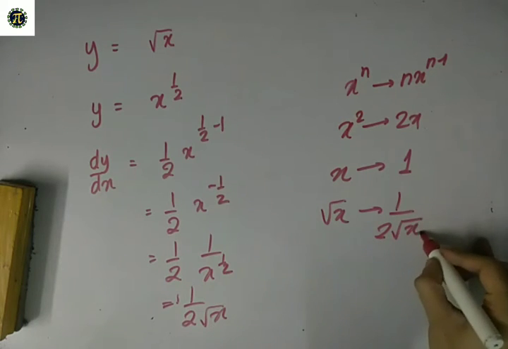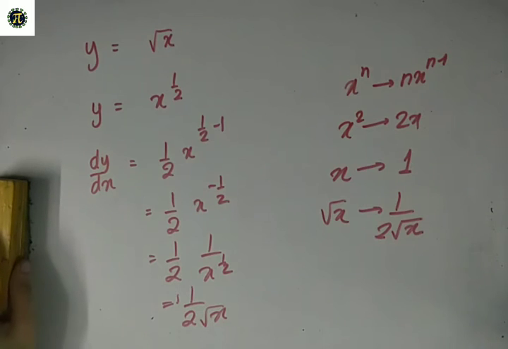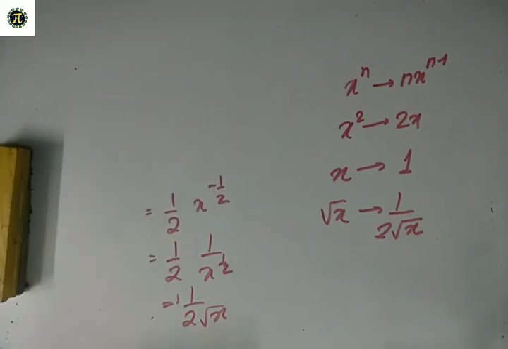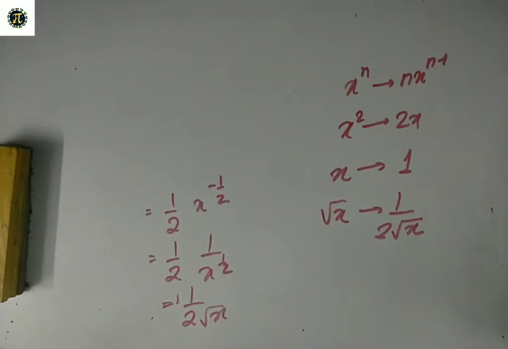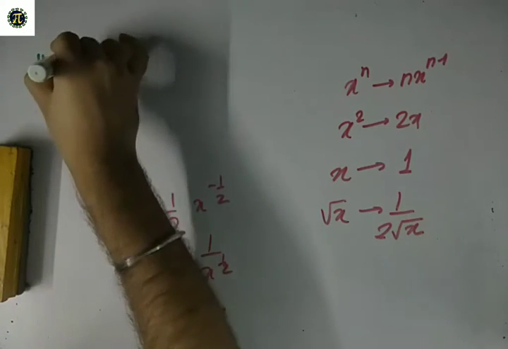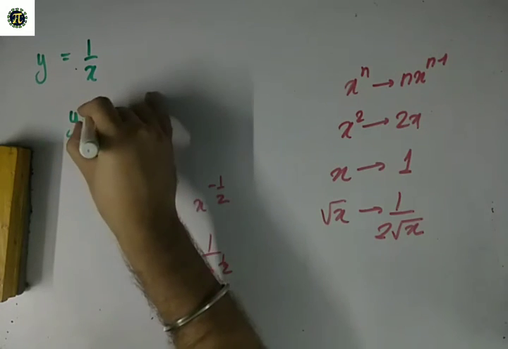Some important formulas for your class 11th. Okay. We can also do differentiation for, let's say, 1 by x. You will say, how do we differentiate this? Actually this is x to the power minus 1, right?